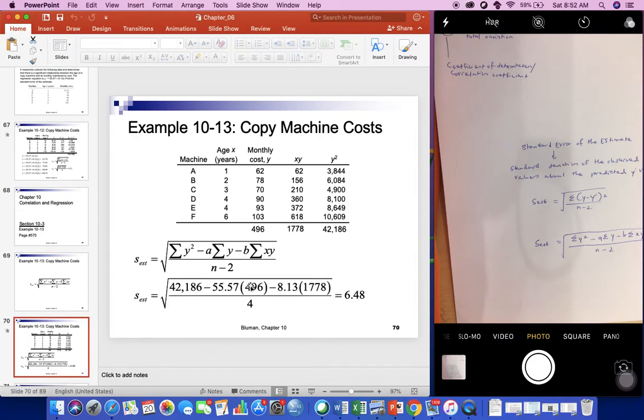And then Y is here, the summation of Y is 496. For XY, X is here; you must multiply X with Y first, and then find the summation for XY, which is 1,778. Divide by 4, and you will get the standard error of estimate of 6.48.